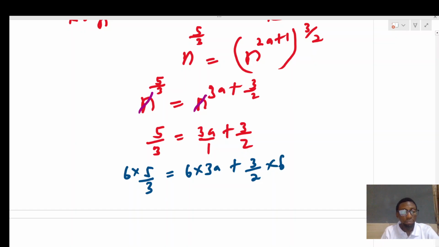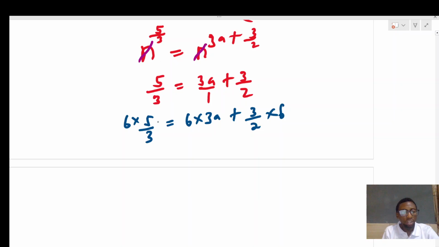This will be 10, this will be 18a, and this will be 9.